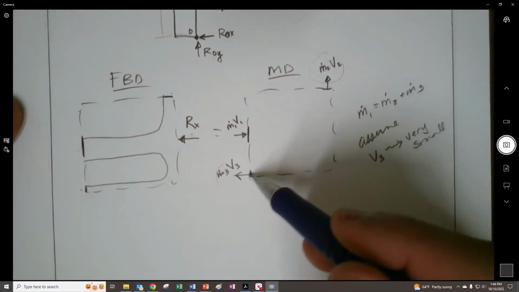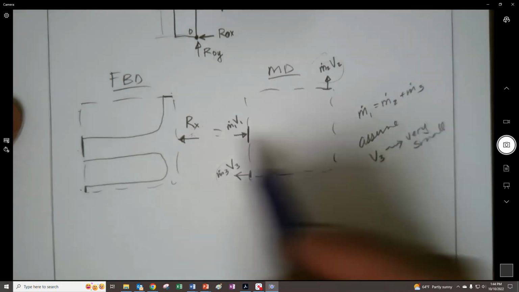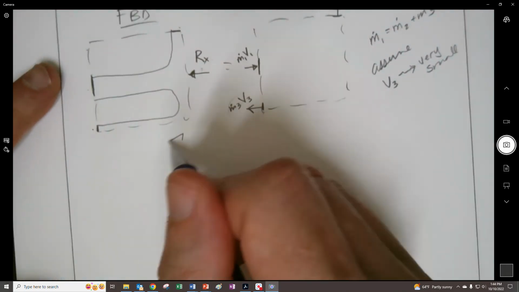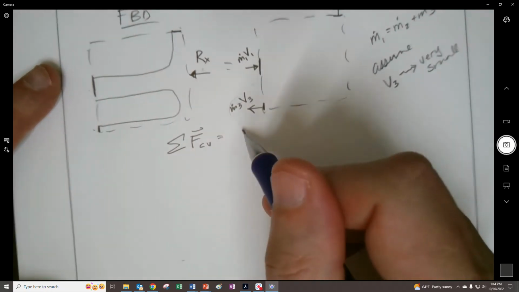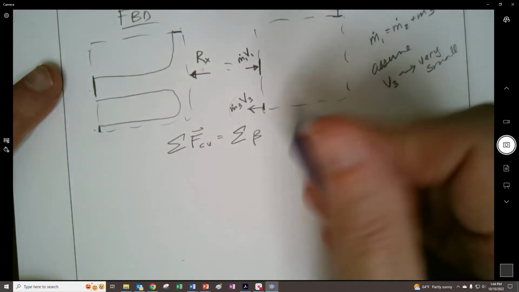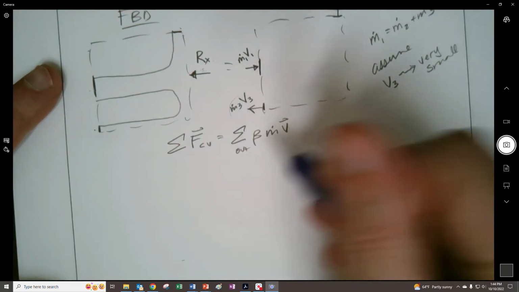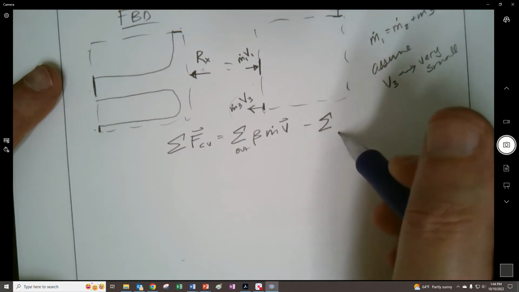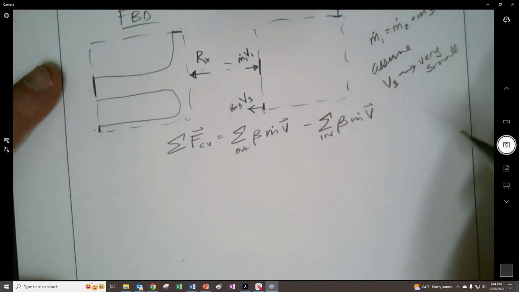Like, if we were looking down upon this thing, it would also be coming outwards this way. So it's going to be so small that it's not going to really affect the x direction, because we're going to apply our sum of the forces on the control volume equal to the sum of the betas m dot v out minus the sum of the betas m dot v in, right there.